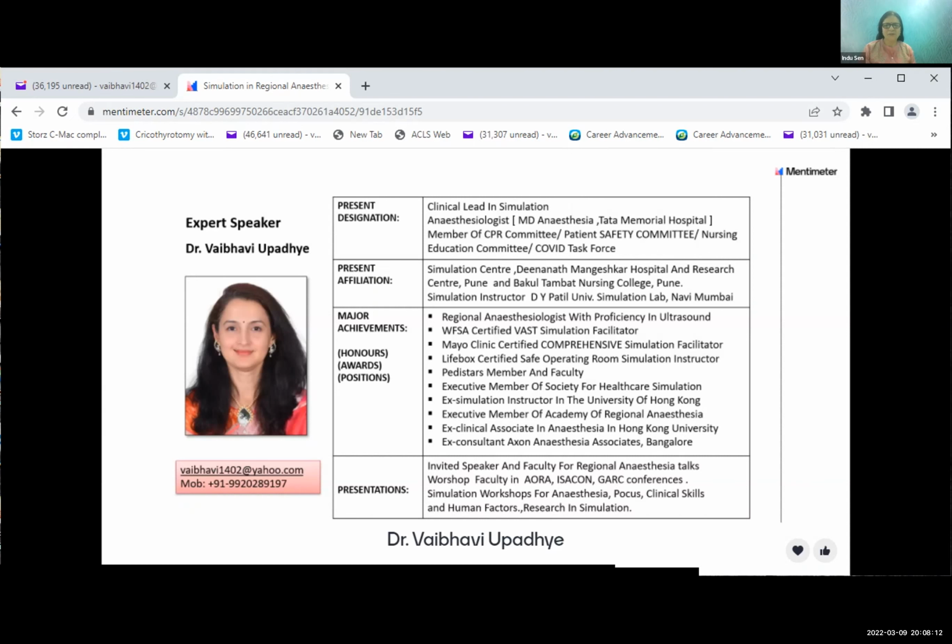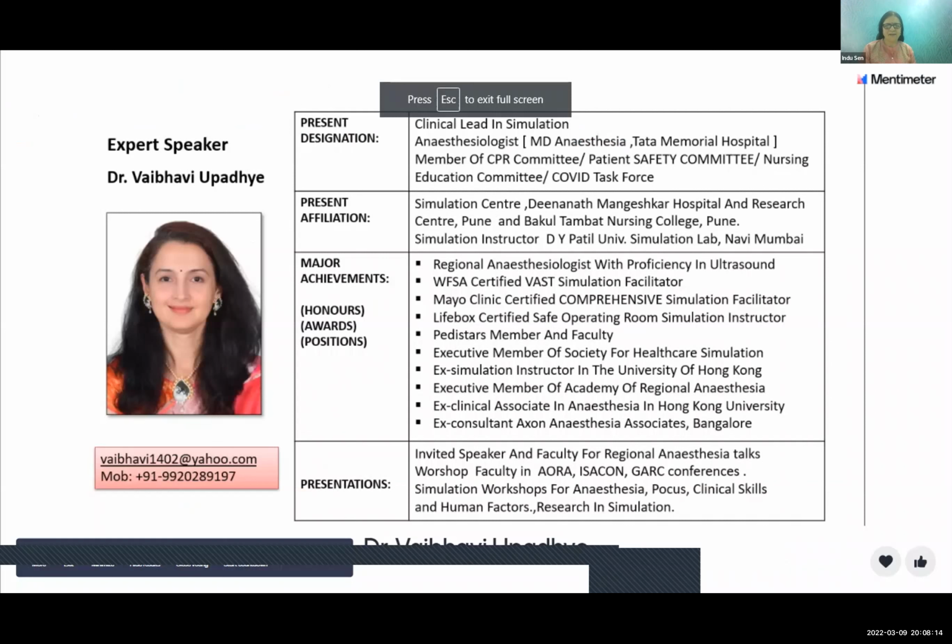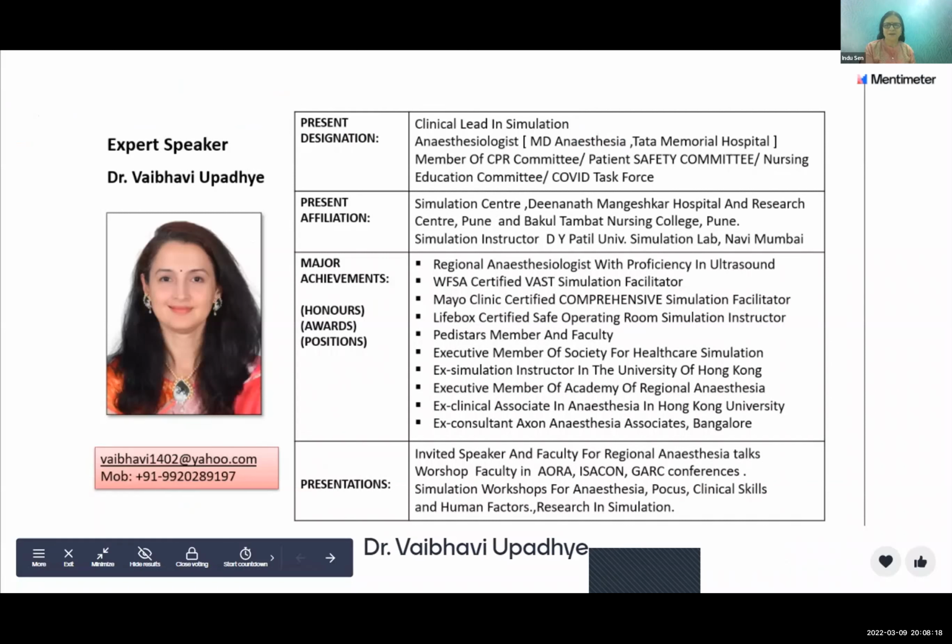She's an anesthesiologist by profession and is a member of the CPR committee, patient safety committee, education committee, and the COVID task force. Presently, she is affiliated to Dinanath Mangeshkar Hospital and Research Center Pune, and also the Bakul Tambat Nursing College Pune. She's a simulator instructor in the D.Y. Patil University Simulation Lab, Navi Mumbai.